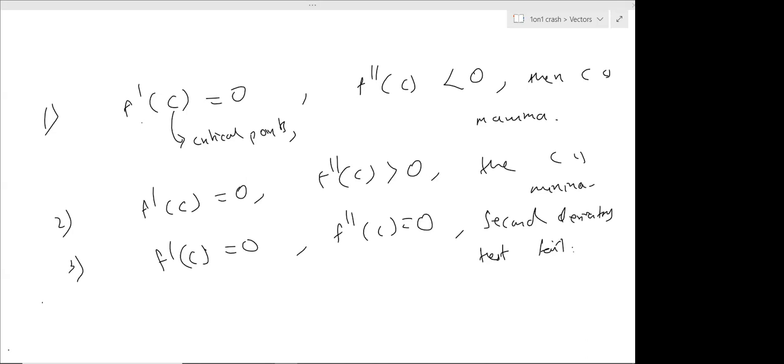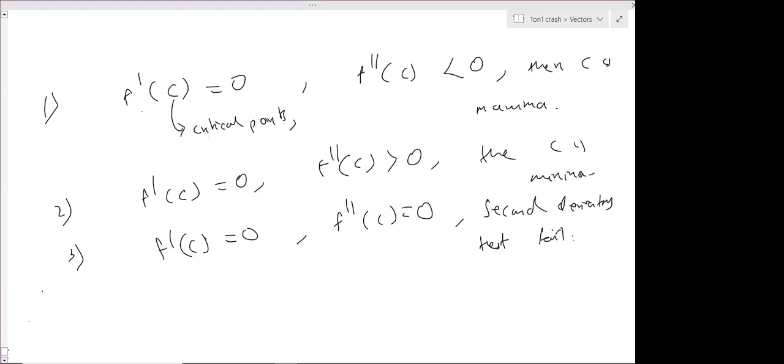The third one is the second derivative test. This is f double dash c, meaning the double derivative of c. So at what point of inflection?